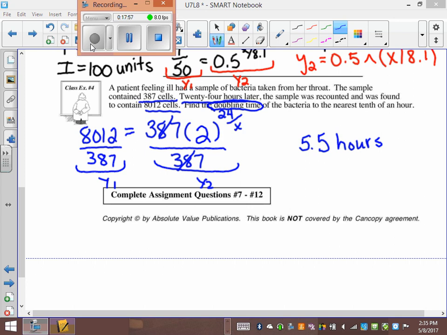Circle number 8, number 9, number 10, 11, and 12. 7, 8, 9, 10, 11, and 12. All right, you're going to have, I don't know, probably 15 to 20 minutes. It might be shortened if I don't see you working. So you're doing 7 to 12.